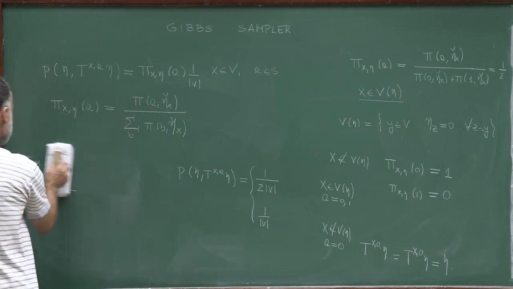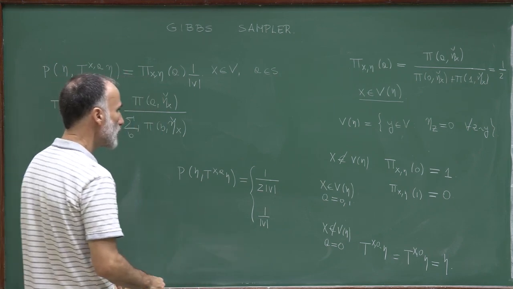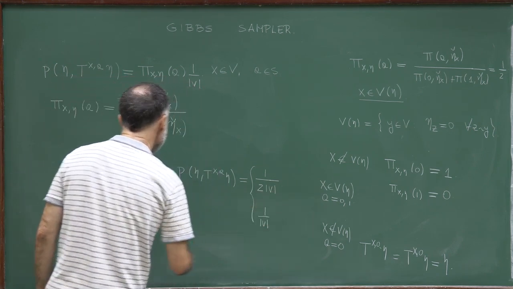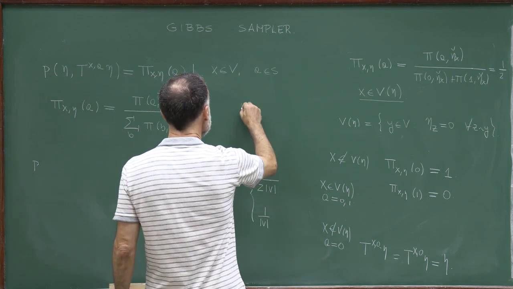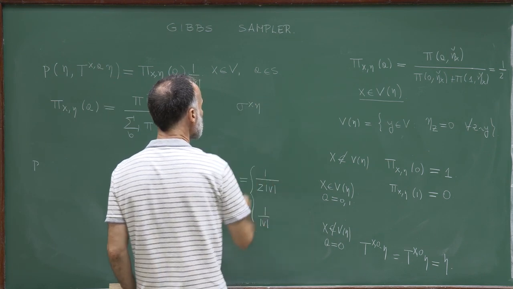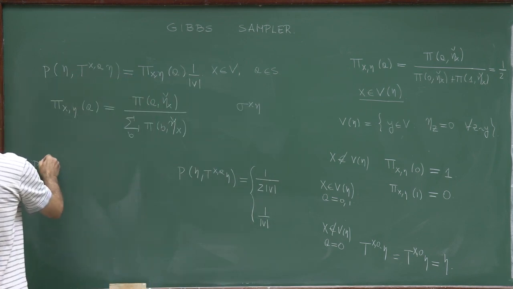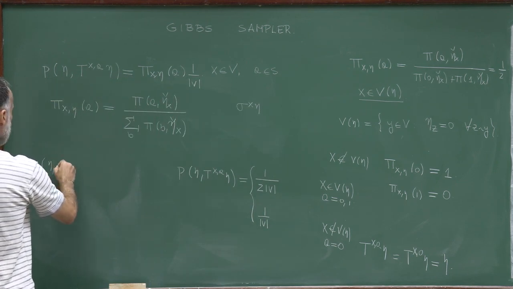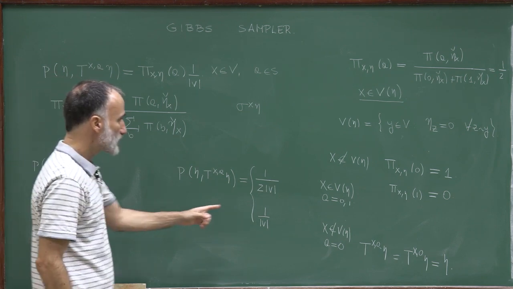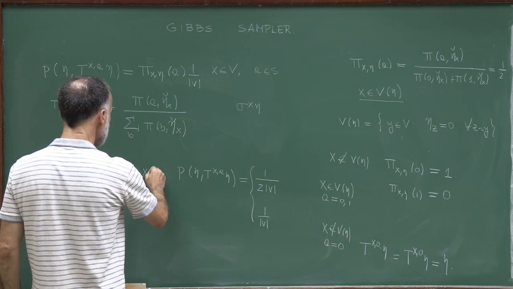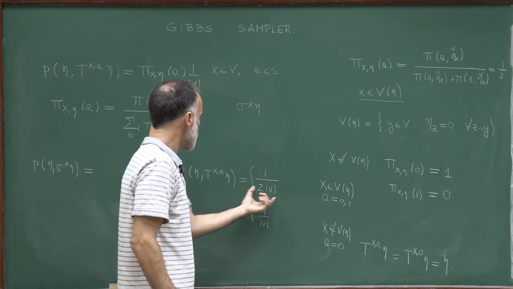And from that, we get exactly the same formulas that we have. Let me rewrite. So remember that we denoted by sigma_x of eta the configuration at which I flip the site at x. This means that p_eta(sigma_x of eta), well, if x belongs to V of eta, this is what I get.